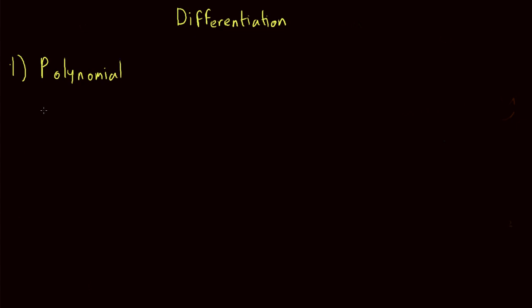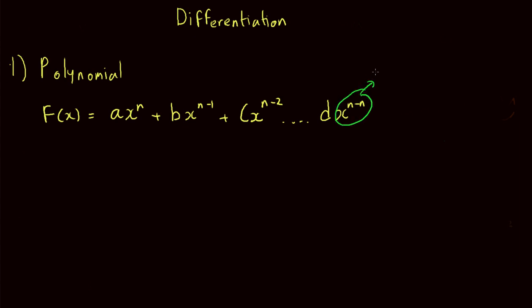Let's say we're given a simple function f(x) as a x to the power of n plus b x to the power of n minus 1 plus c x to the power of n minus 2, all the way until d, where x is to the power of n minus n, which is 0, which obviously means 1, so it becomes a constant.